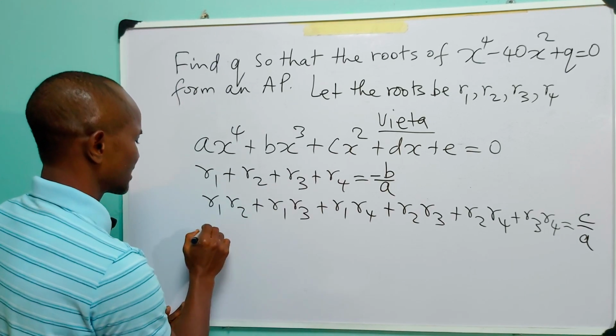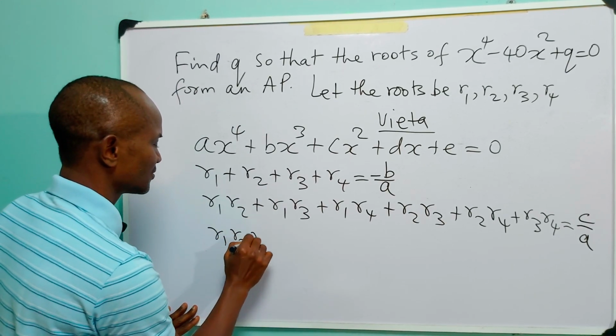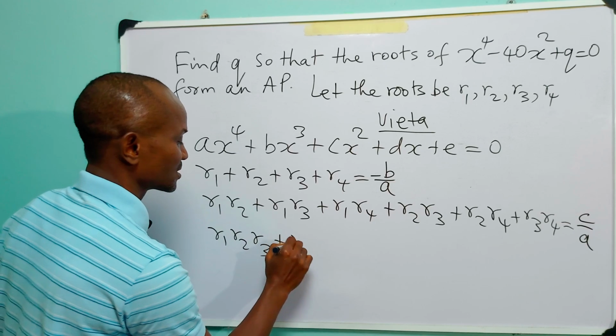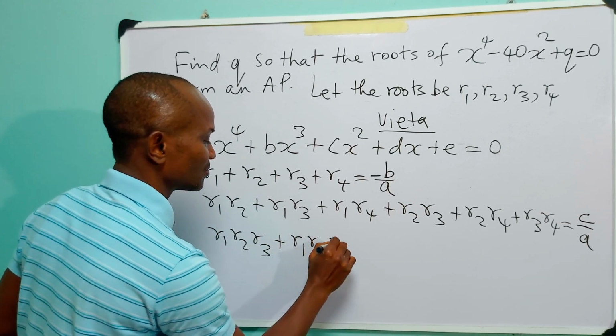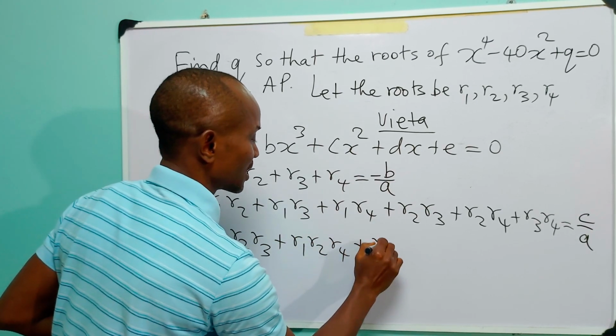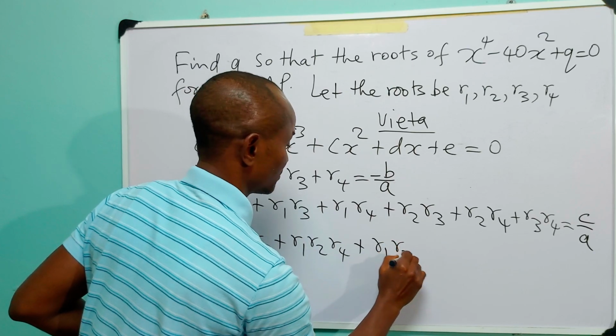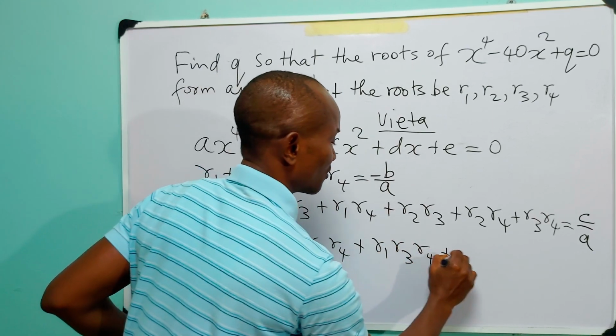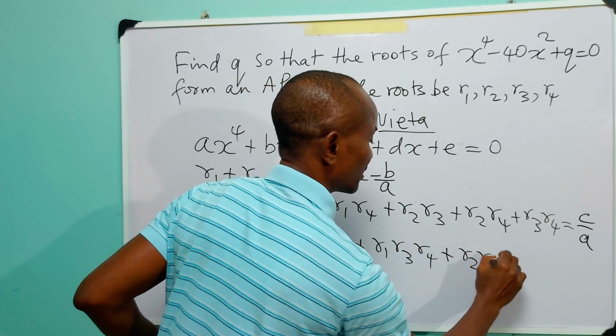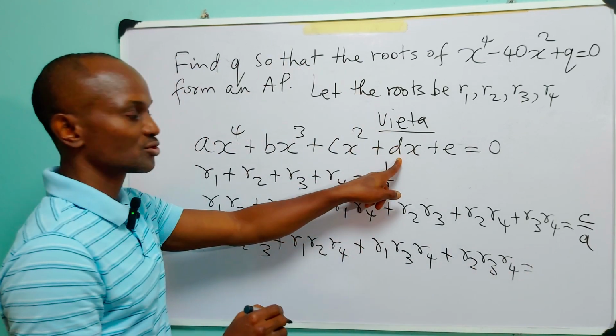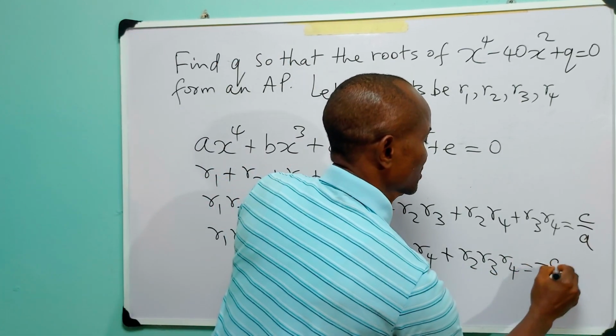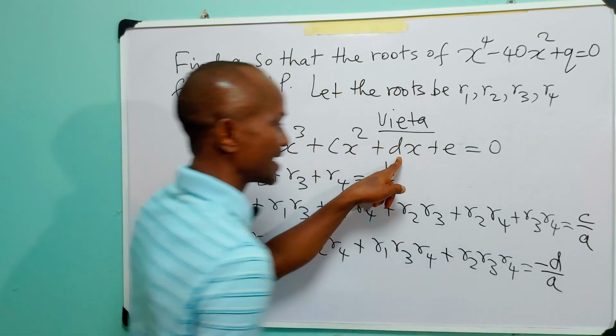It also tells us that R1, R2, R3 plus R1, R2, R4 plus R1, R3, R4 plus R2, R3, R4 is equal to minus d over a.